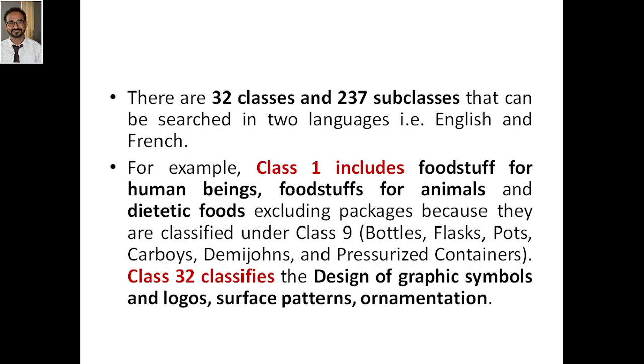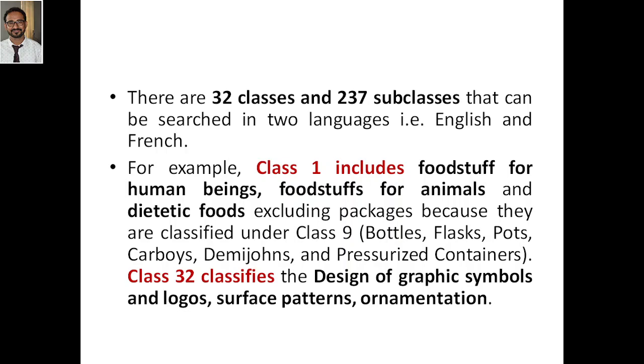So one more example we are giving here is class 9. Class 9 includes bottles, flasks, pots, carboys, demijohns, and even pressurized containers. These all come under packages, and this packages category is class 9, whereas just the foodstuff category is class 1. Understood? Similarly we have class 32, which classifies graphic symbols, like designs of graphic symbols and logos, surface patterns, and ornamentation.